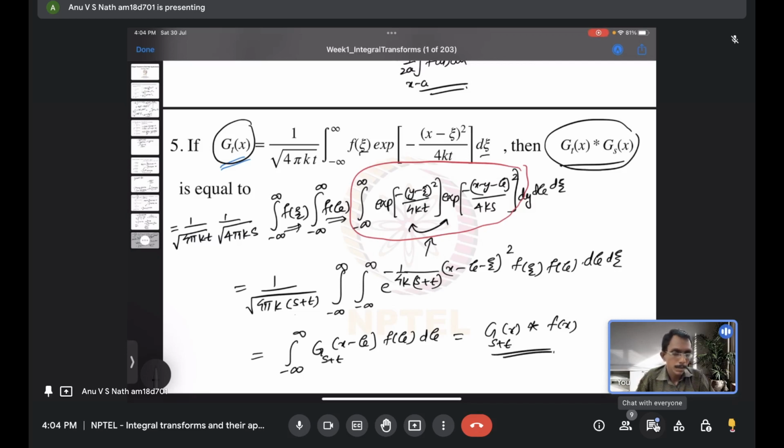So you can try this out. I haven't explained it fully, but I have given the details of how you can proceed and do it. Any doubt in that?